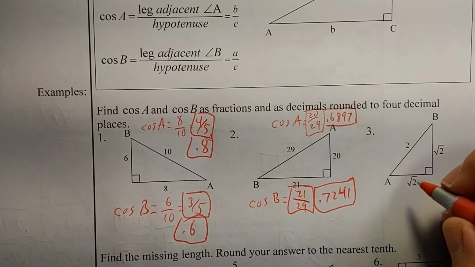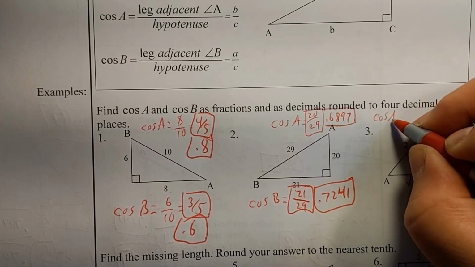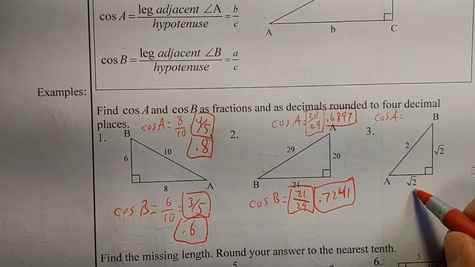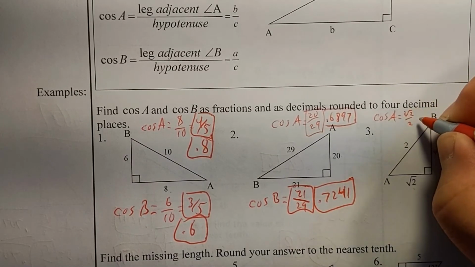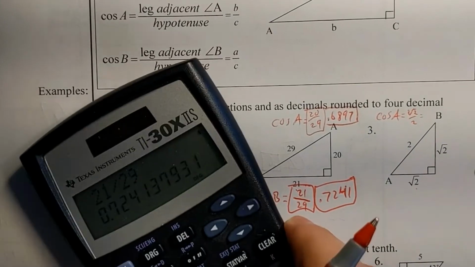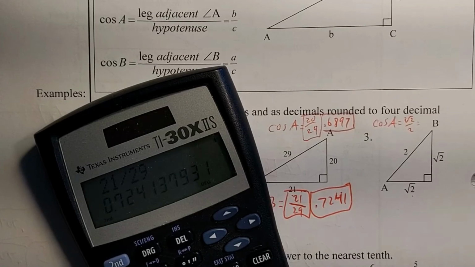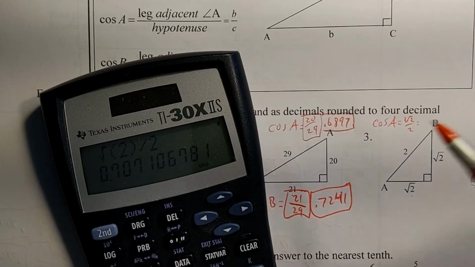And this last one, if I'm doing the cosine of A, I would go adjacent over hypotenuse, the square root of 2 over 2, which doesn't reduce. And then I put it in my calculator, square root of 2 divided by 2. I get 0.7071.